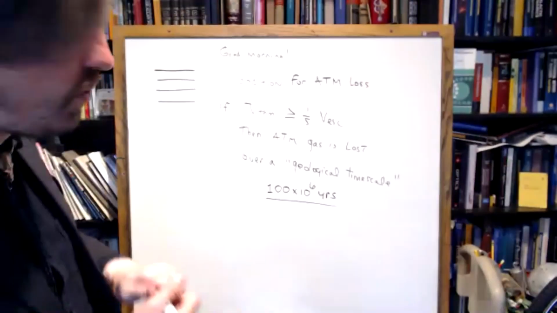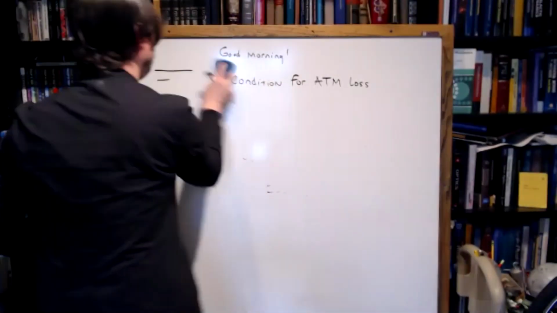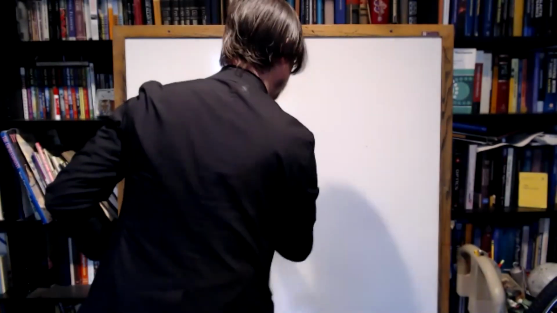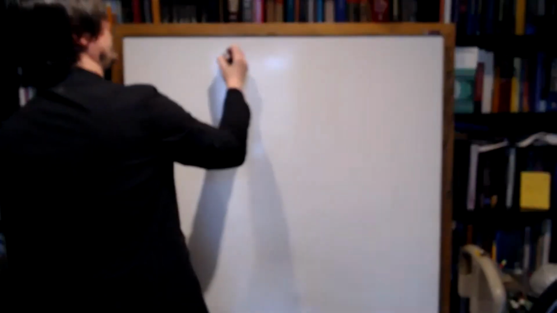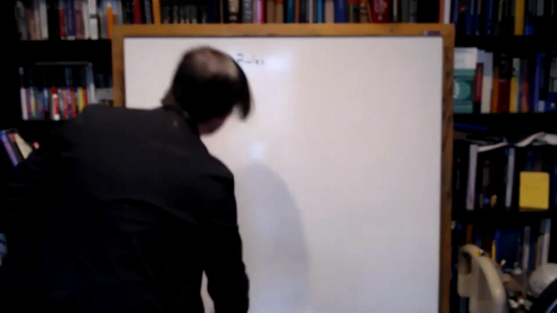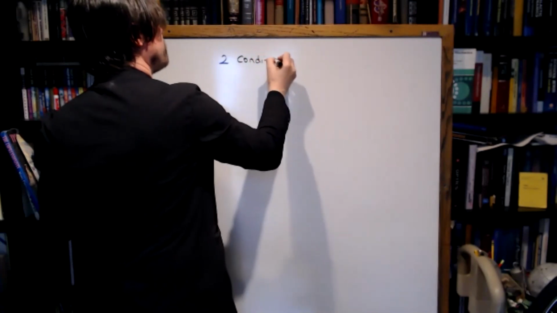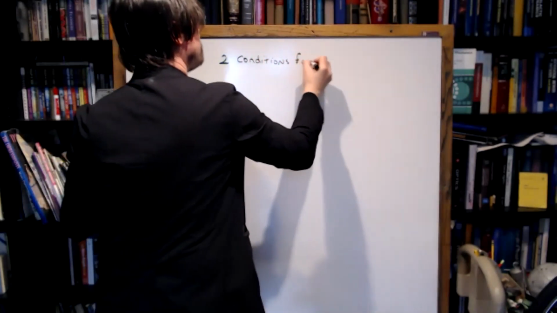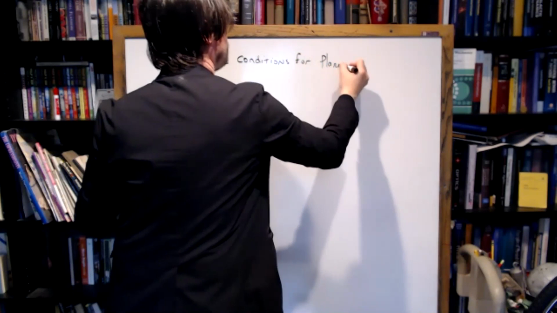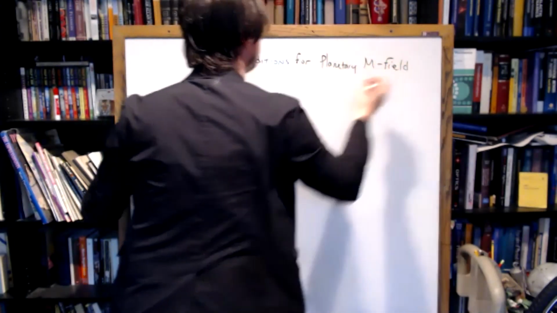And perhaps we could codify this by writing down 2 rules for planetary magnetic fields, 2 basic rules. Let's call it the 2 conditions for a planetary magnetic field.